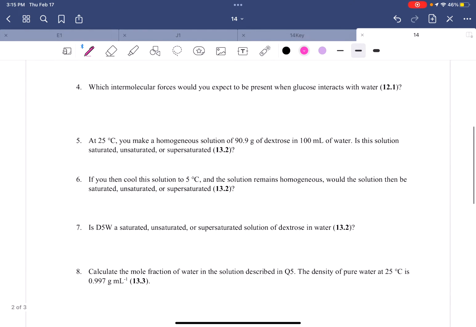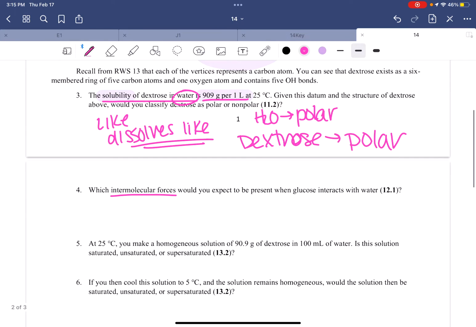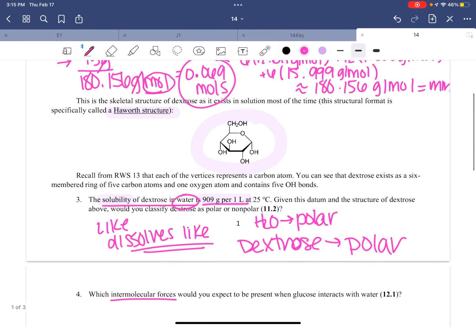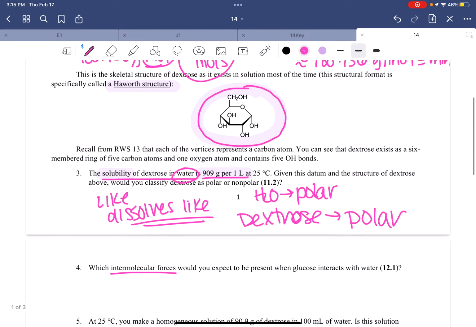So then question 4 is asking, what are the intermolecular forces in this glucose molecule when it interacts with water? So we're going to go back up to the structure here, which is the Haworth projection of the dextrose molecule. And we're going to look at what types of bonds we have and what could those intermolecular forces be.